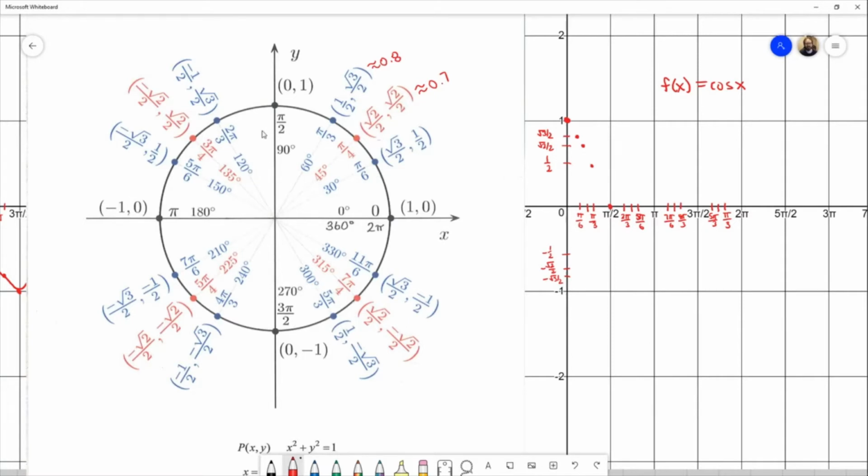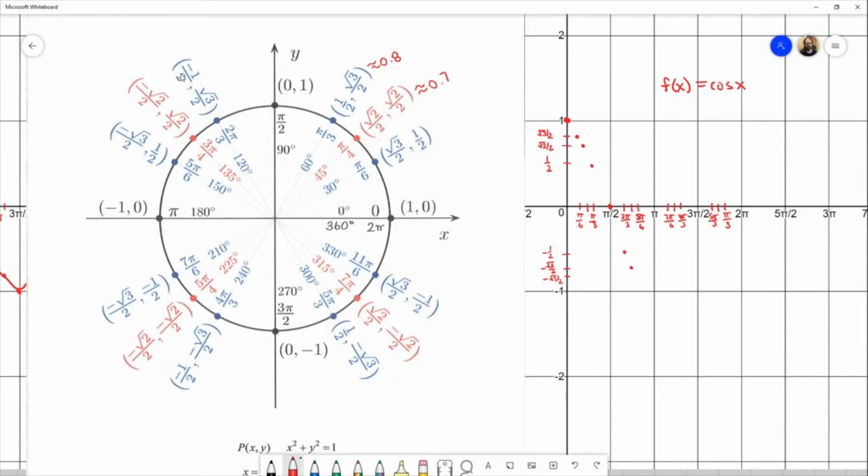As we continue around, now at the angle 2 pi over 3, the x-coordinate, the corresponding point, is negative 1/2, so we're going to continue to go down here. At 3 pi over 4, the x-coordinate of the corresponding point is negative root 2 over 2.